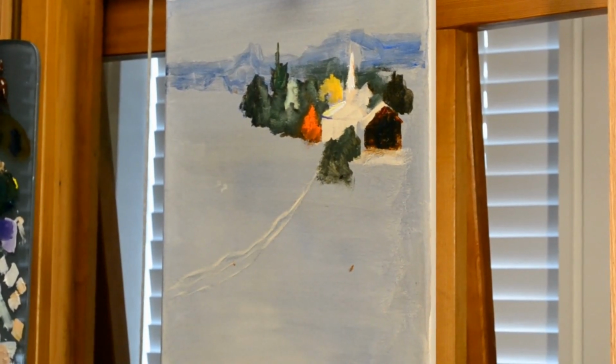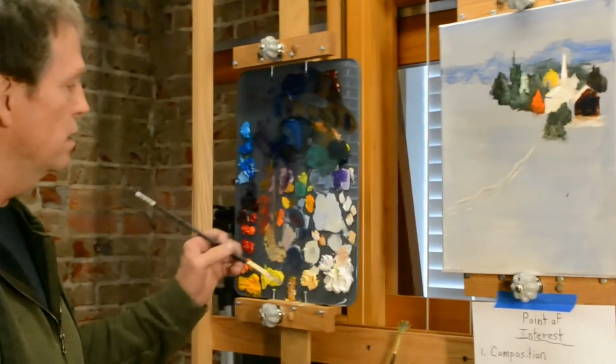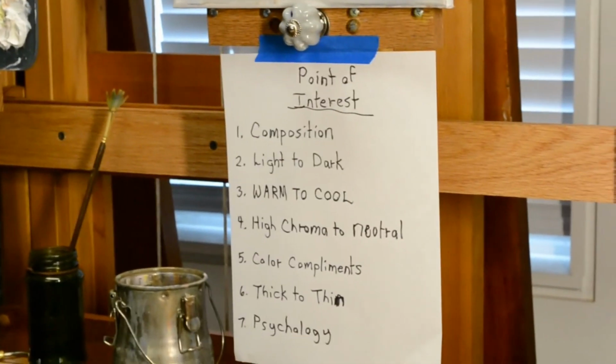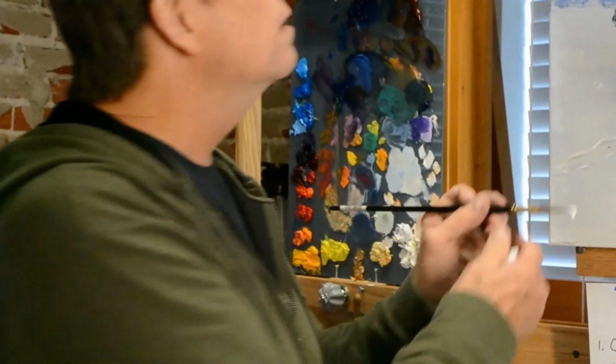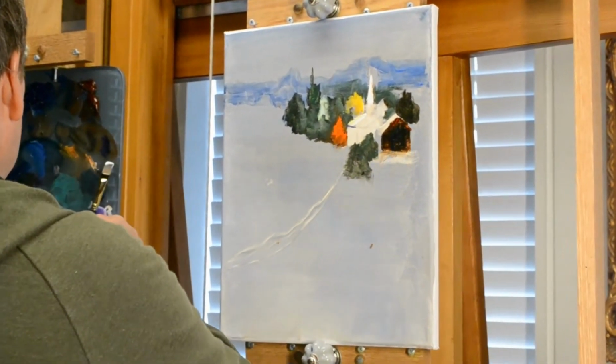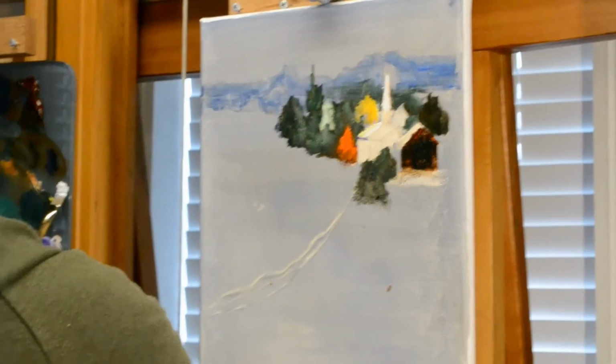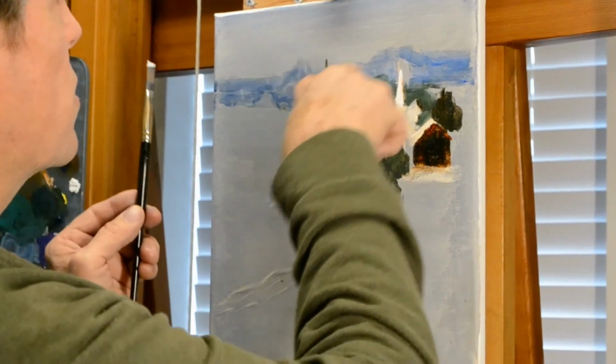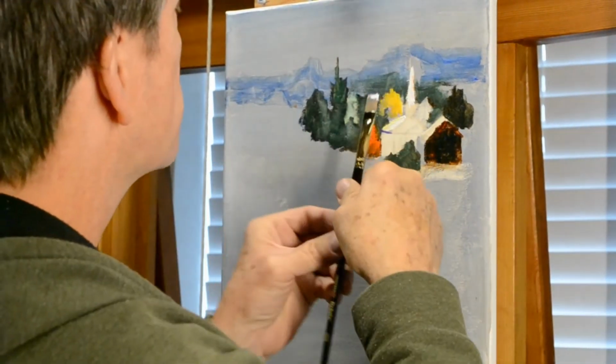And so that brings us to thick and thin. And so this steeple, I could make it nice and thin. Most of this out and around here is pretty thin.